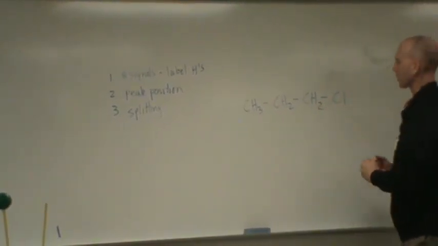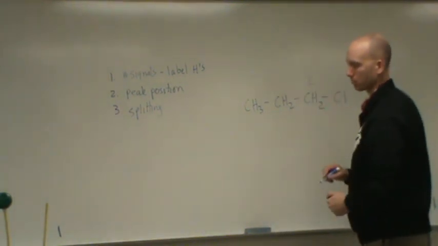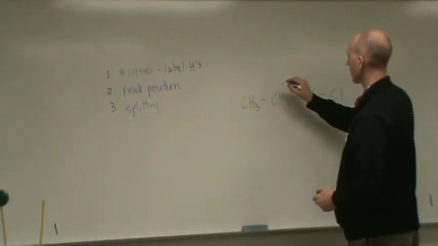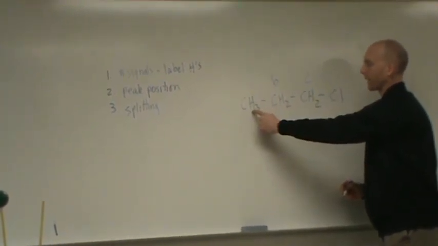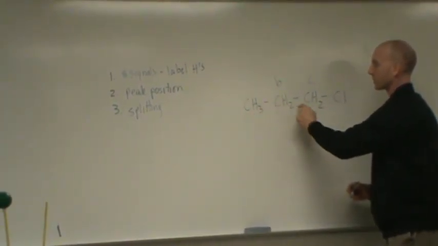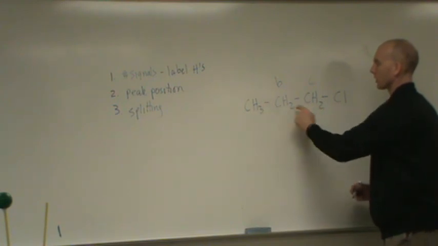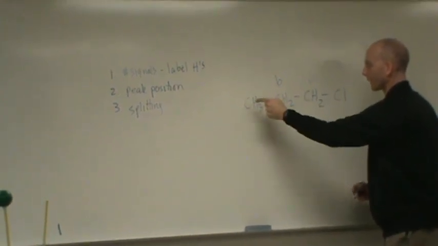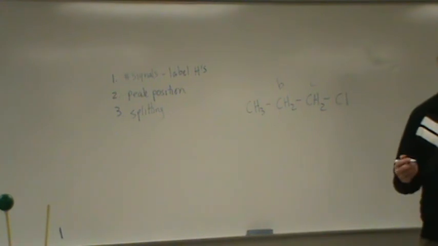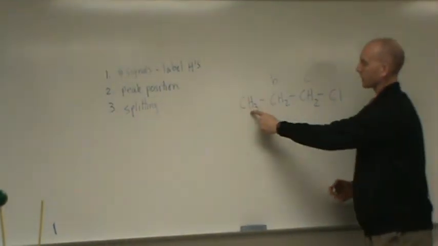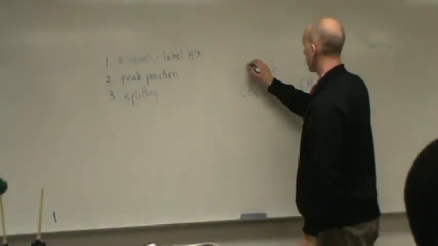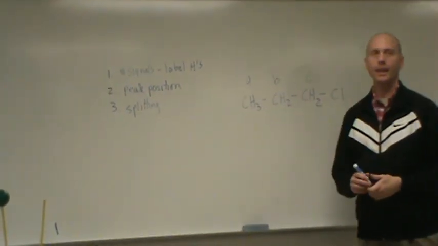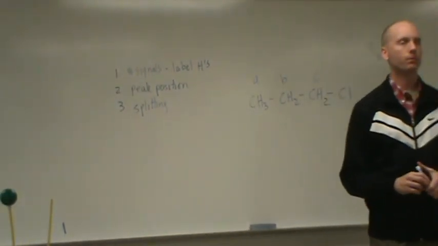Closer to the de-shielder. B, CH2. See why that's a multiplet? It's between that and that, two different sets of hydrogens. So I'm getting tons of splitting, multiplet. Then lastly, this is next to that, furthest from the de-shielder. So that would be A.